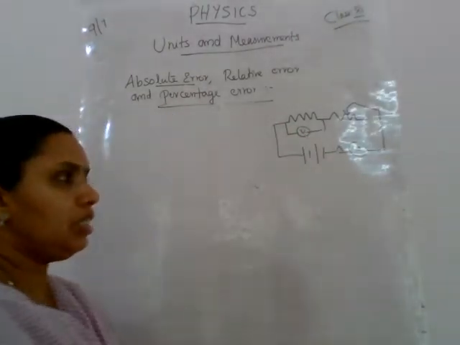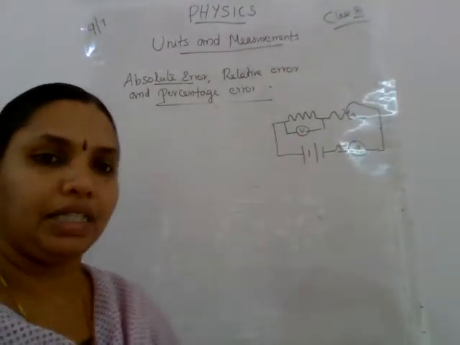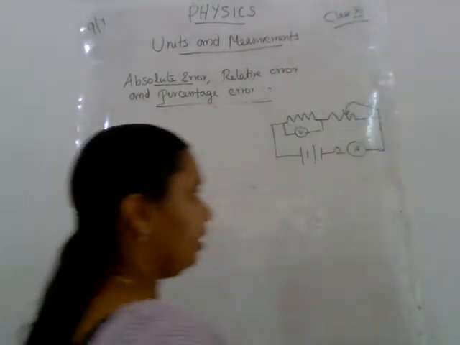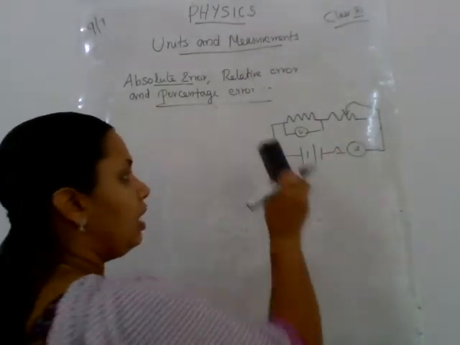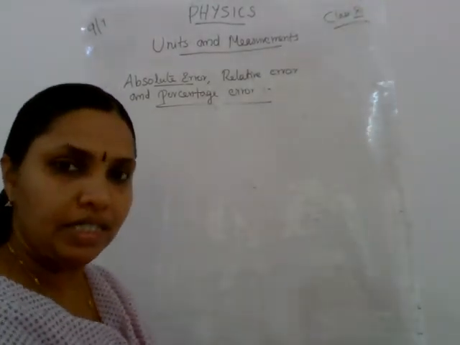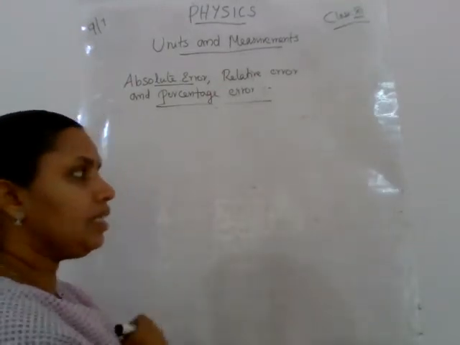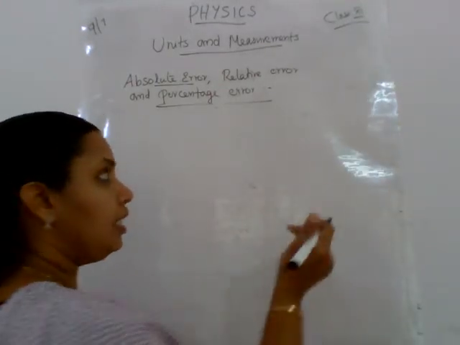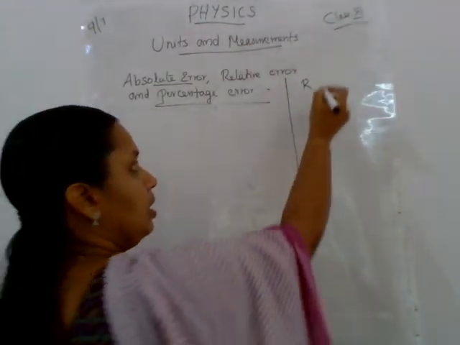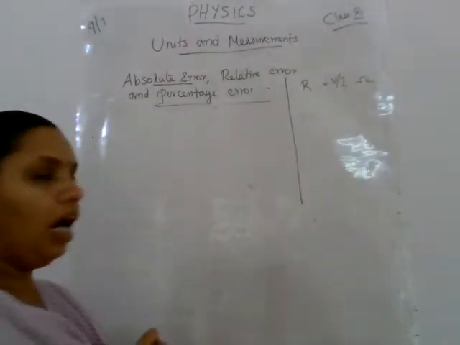Adjusting the rheostat, we get voltmeter and ammeter readings, tabulate them, and using the relation R is equal to V by I, we find the resistance. Here I am considering only the final R value, by using the relation V by I.